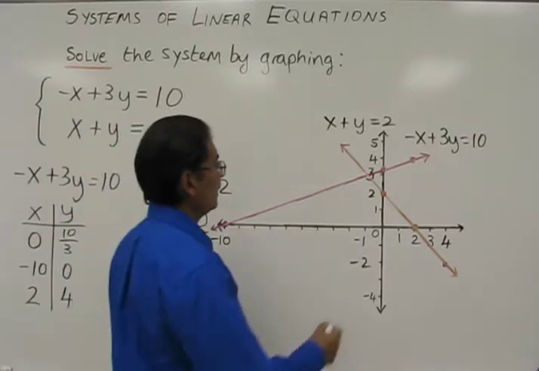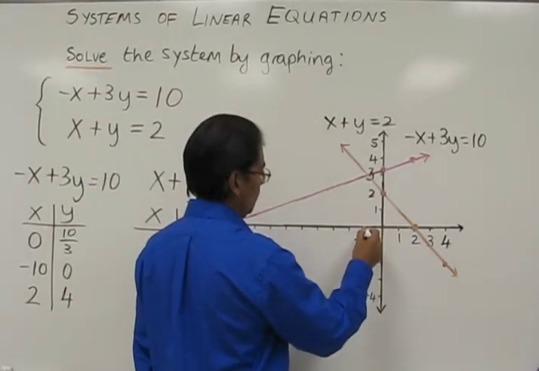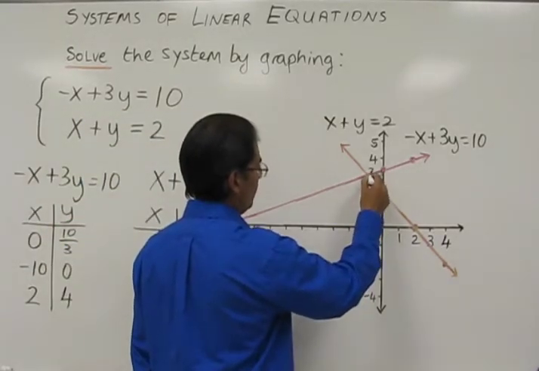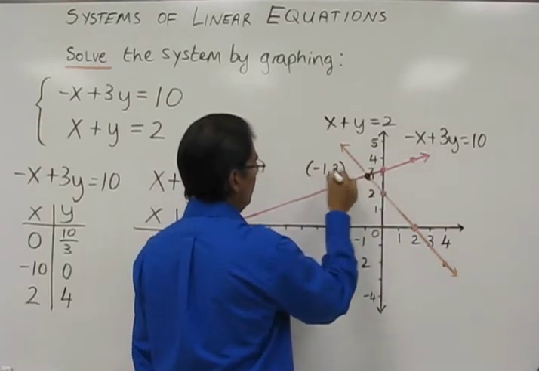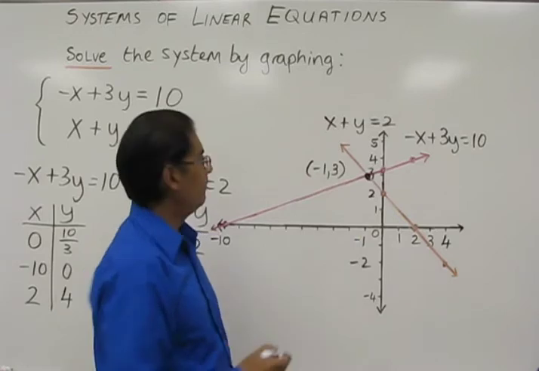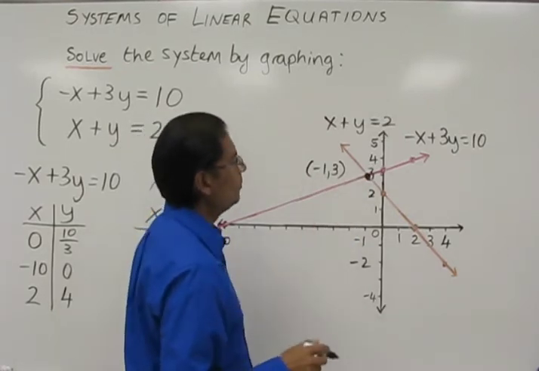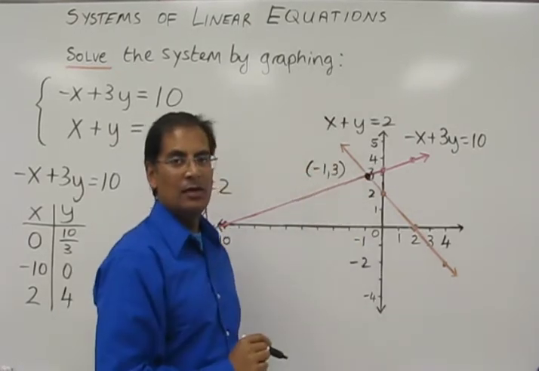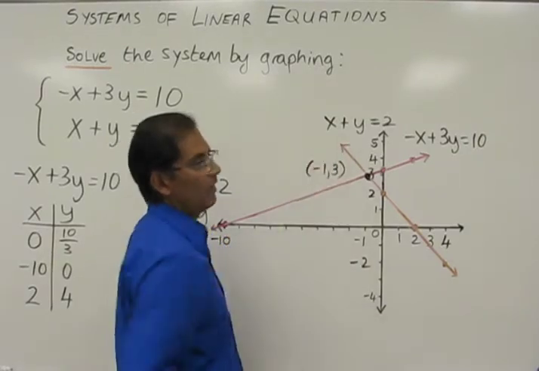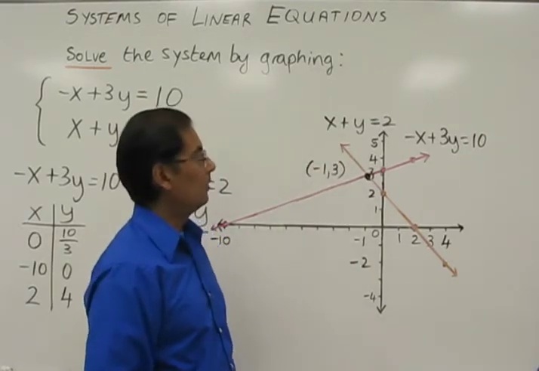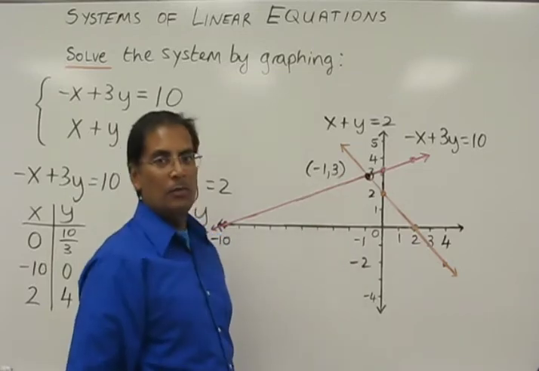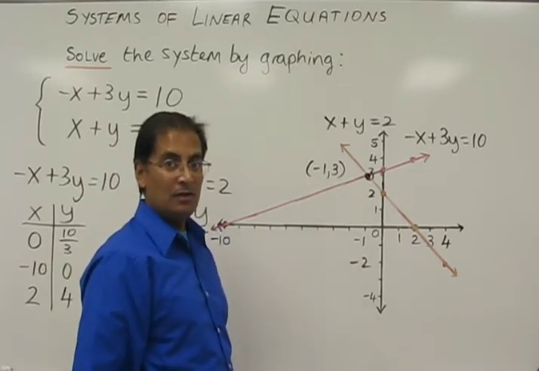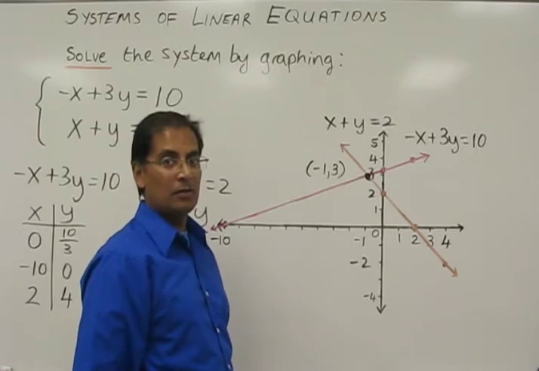So where did they intersect? It looks like they intersect right here, at the point negative 1, 3. Now, if negative 1, 3 is indeed the solution to this system of equations, then this point must satisfy both of those equations. And so we need to plug in negative 1 and 3 into both equations to see if they actually satisfy both.